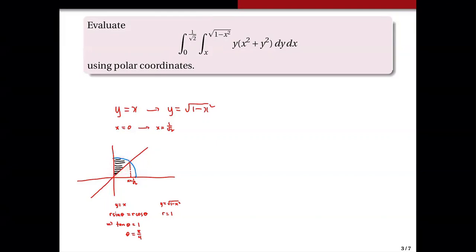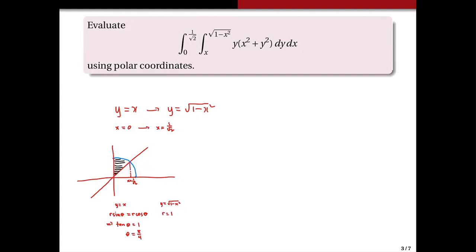The angle will be from pi over 4 until pi over 2. Correct? So take note, this is your pi over 4 here, and of course, this guy here is your pi over 2.